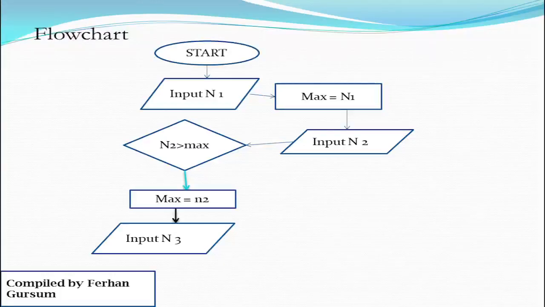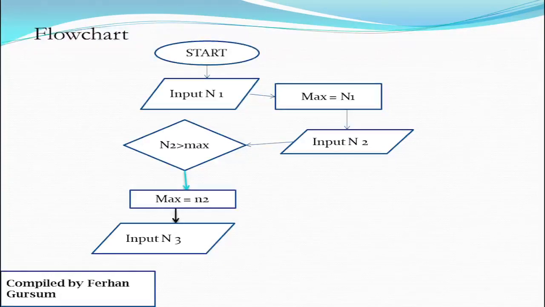Now max, as I told you previously, contains the value of N2 or the value of N1 based on this condition, which means the condition that says N2 is greater than max. If it is true, max contains the value of N2, but if it is false, max contains the value of N1. Okay, now again we need another condition.